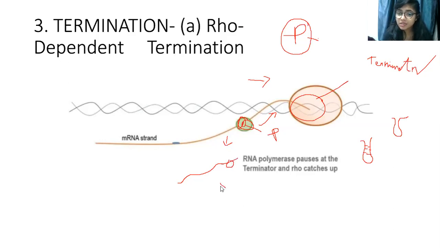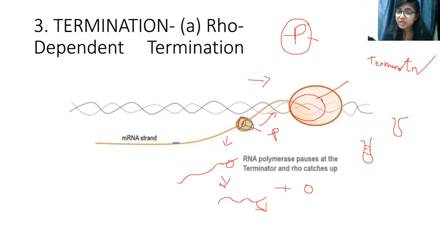So after this we will get mRNA plus Rho factor. It will disintegrate from the mRNA. Now this mRNA will go directly into translation. Translation I'll be discussing in my next upcoming videos.